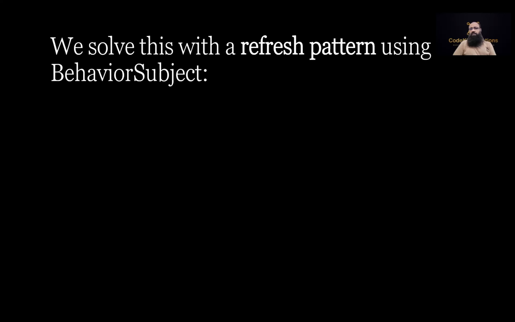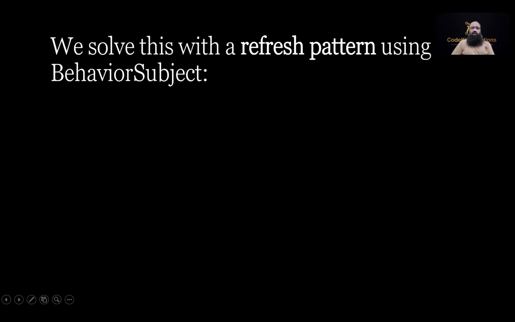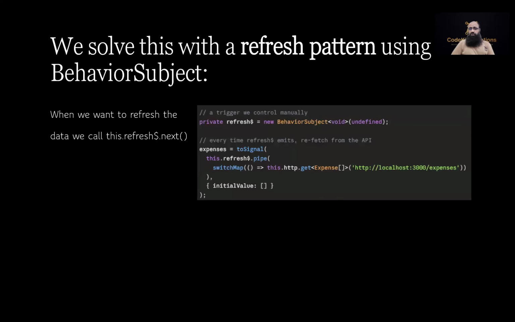To achieve that, there is another pattern using a BehaviorSubject. Let's quickly see what that is. When we want to refresh data, we can call refresh.next. You can see we can perform a trigger on top.